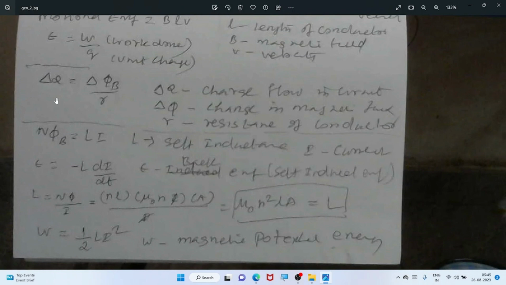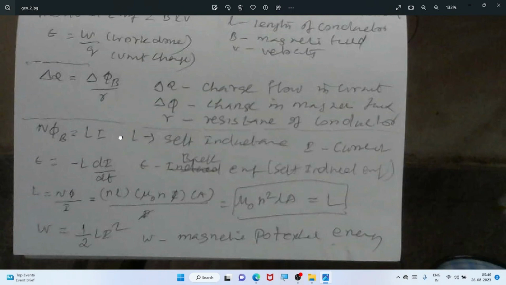The rate of flow of the charge is the rate of change of the flux over the resistance of the conductor. This is the change in the magnetic flux, or the charge, you can say.